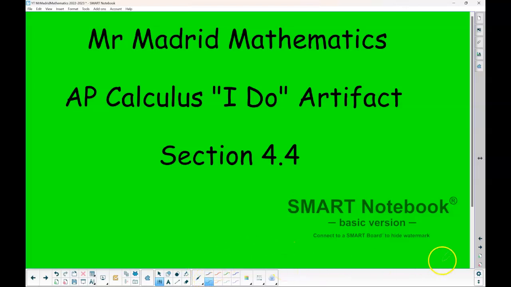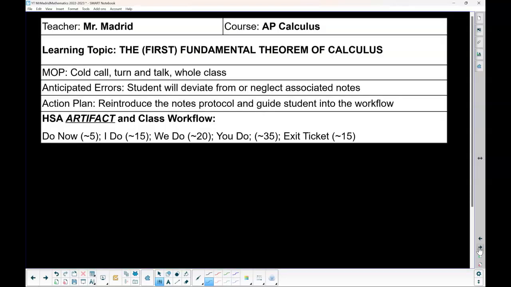Those of you following our progression will notice we're fast forwarding past 4.3. Real quick, just so you understand where we're at, we have people who are getting lost a lot in notation.